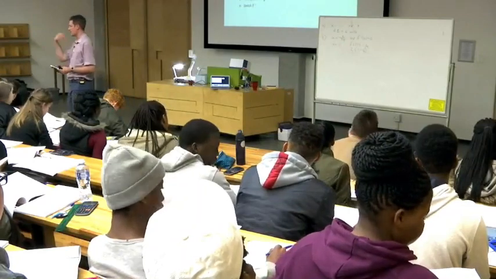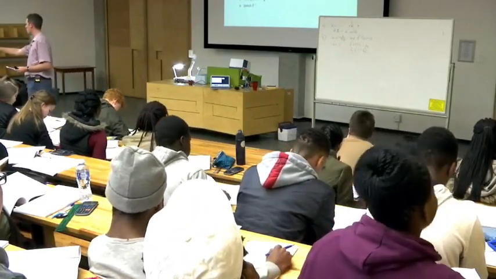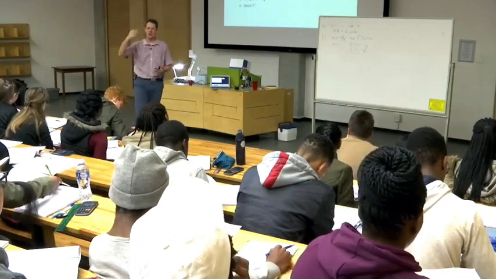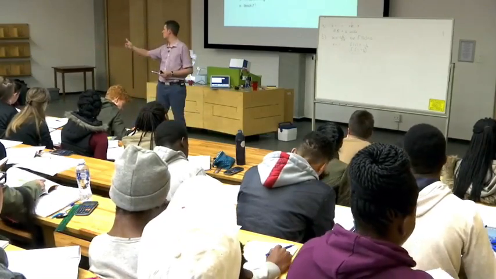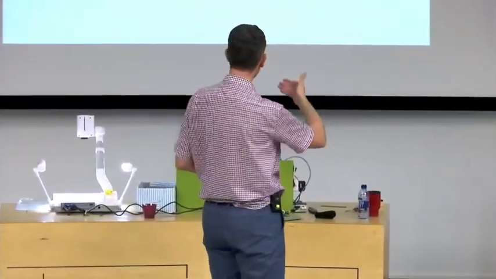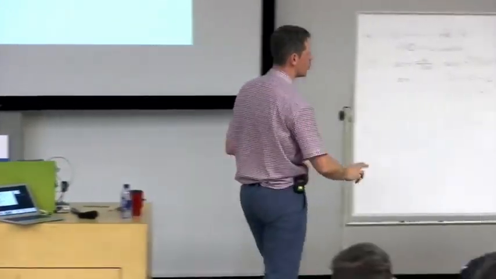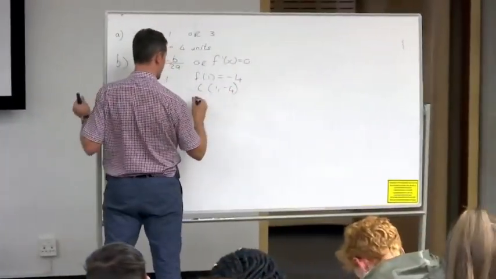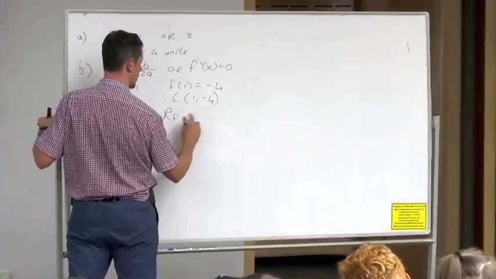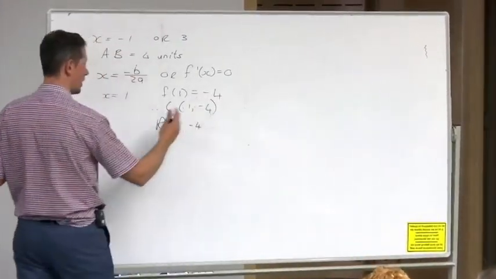Now again, for those guys that weren't here earlier, in the first example that I did, I asked them for range. But to have range, I need max and minimum. In this case, my minimum value for y is -4. So the range of f goes from -4, which is my lowest.